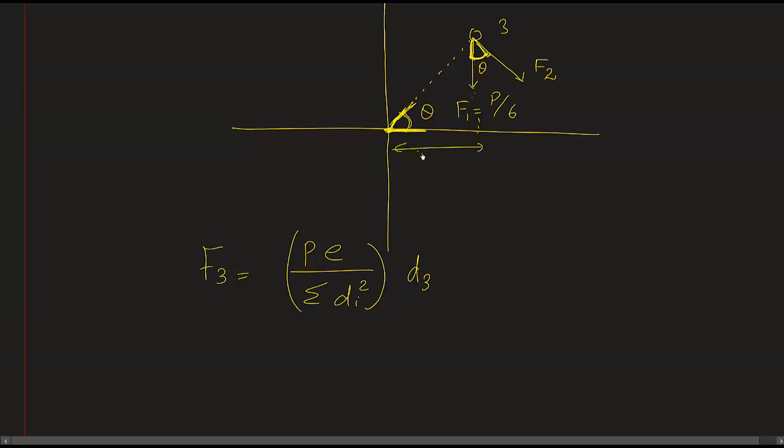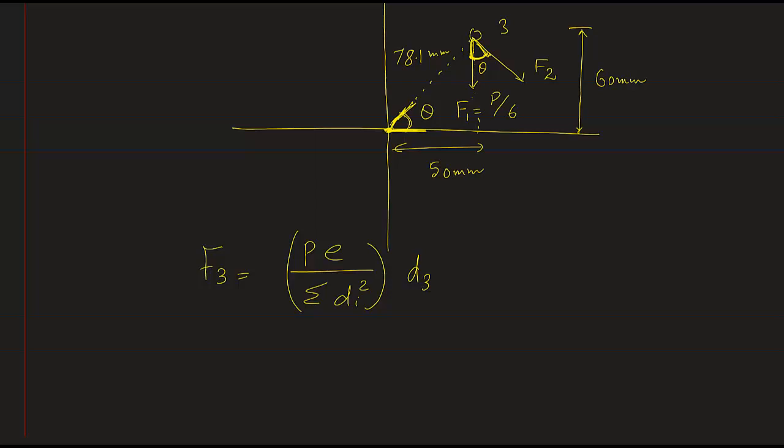This distance is 50 mm and this distance is 60 mm. If you take the square root of the sum of squares, this will come to 78.1 mm. So this is the diagonal distance.